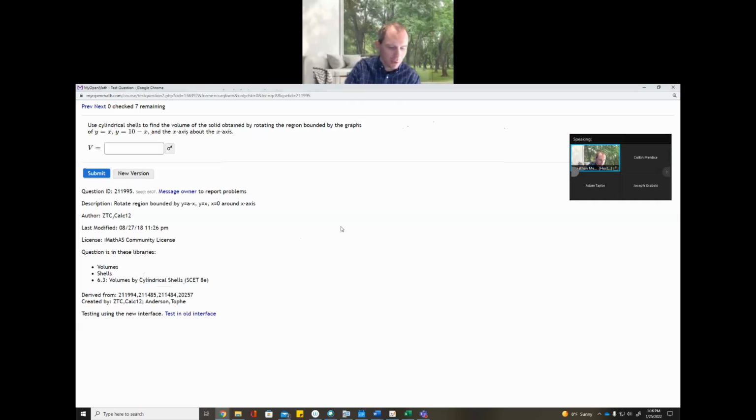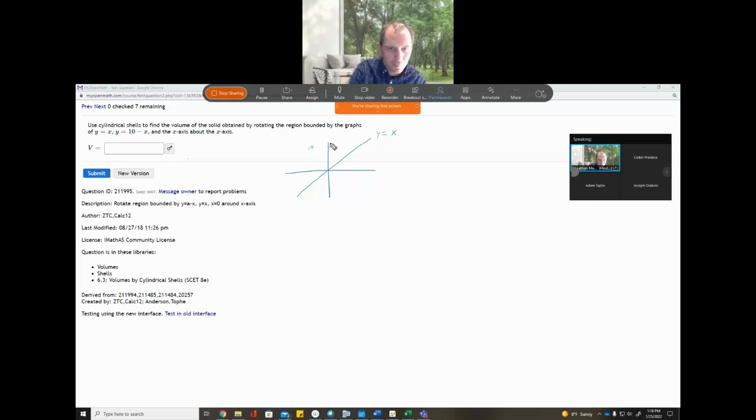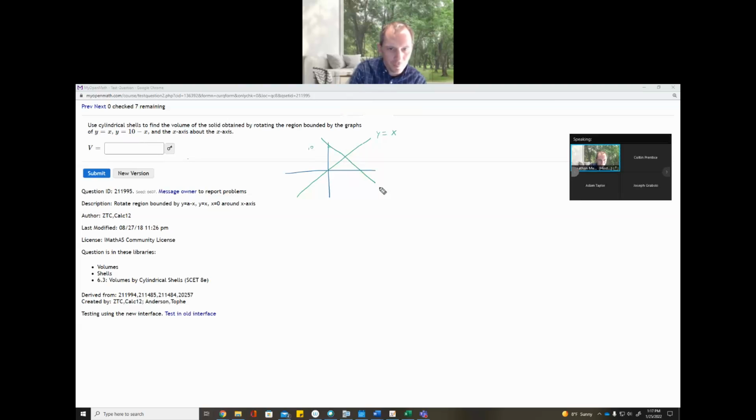Problem 7 we'll be able to integrate. Okay, so this is again using shells. So I'm going to go ahead and set this up the same way. So here are our graphs: y equals x, and then we have y equals 10 minus x. Let me use the same color here. Okay, so we want to find the volume of the solid obtained by rotating the region bounded by these two graphs and the x-axis.